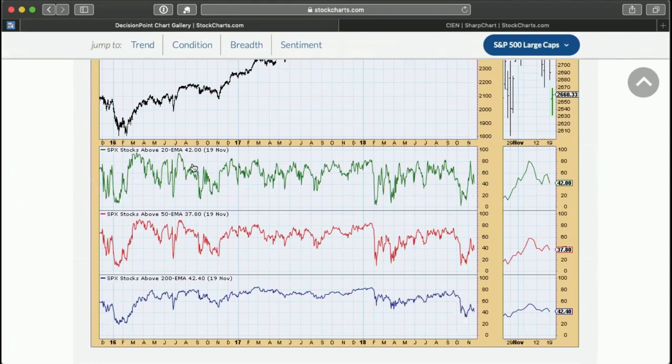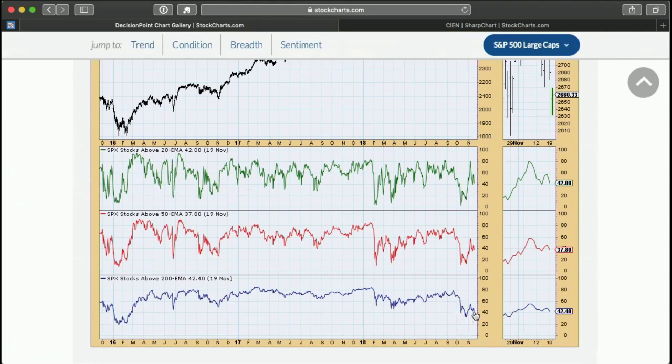What's lovely about these big picture indicators, which is another workshop that I did, you get to see the condition across the short, intermediate, and longer terms on these market indicators. For example, this one where we're looking at stocks above their 20, 50, and 200-day EMAs. Obviously, this is more of a short-term look, and this is a longer-term look when we're looking at the 200-day EMAs. We can make a comparison.